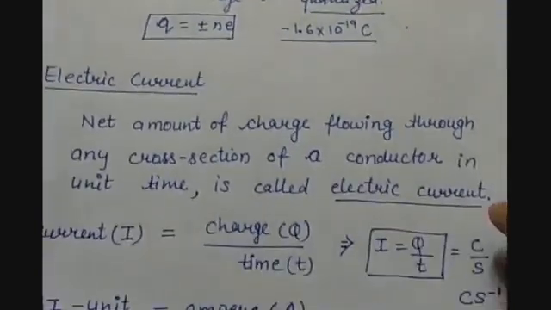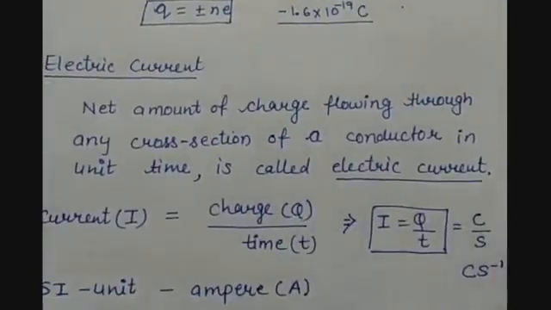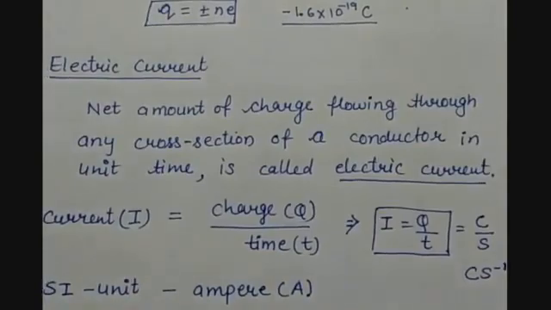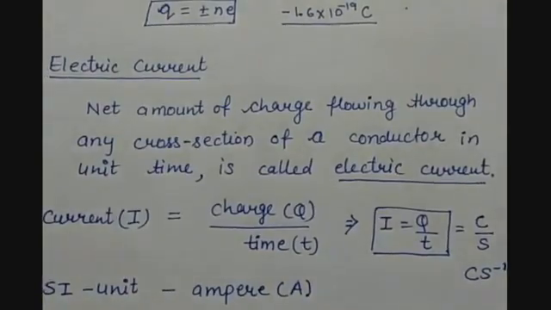Then we come to electric current. When there is a net flow of electrons in any conductor, then it constitutes electric current.